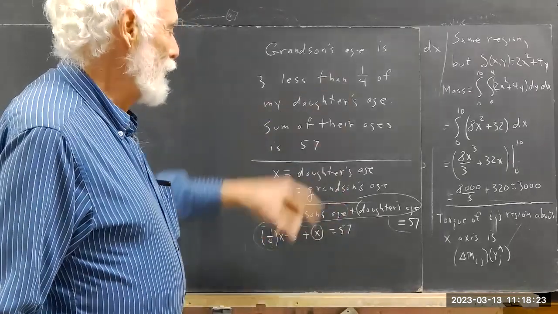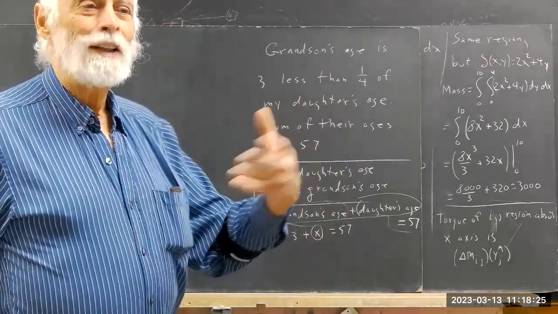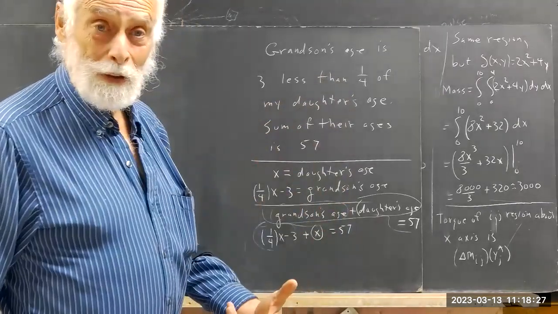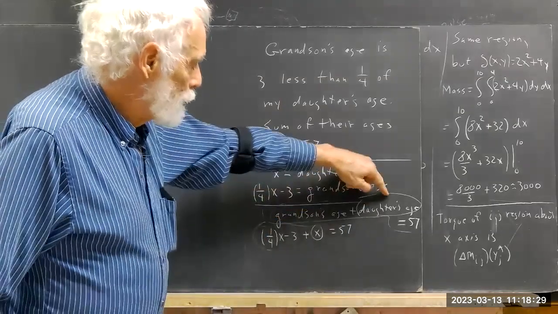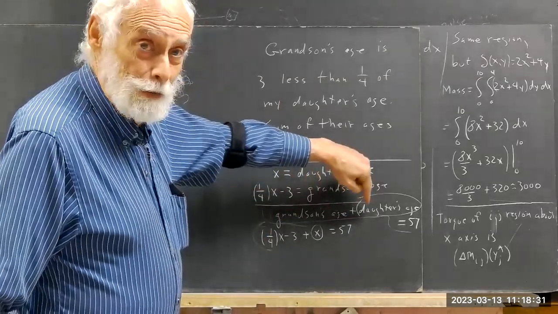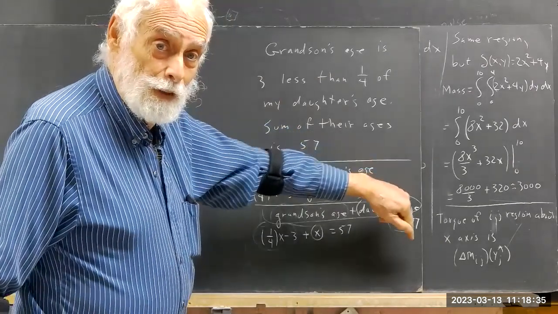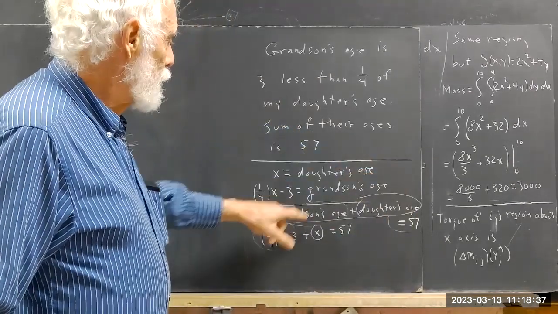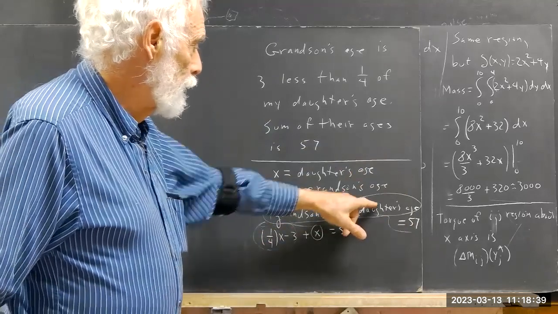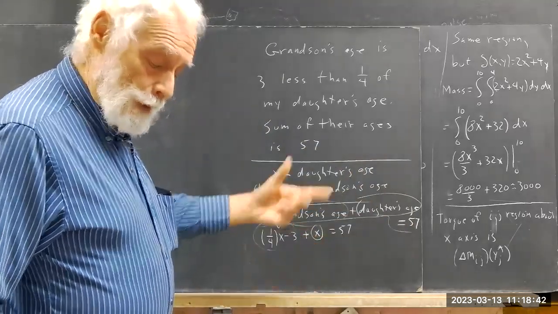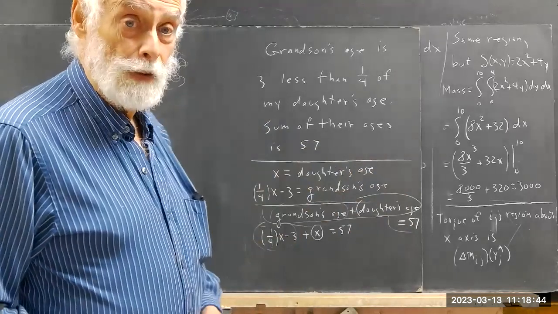Obviously everybody knows that my daughter's age is not 1/4 of my daughter's age, but you match it up with the words you have here. So we put down some words: grandson's age plus daughter's age equals 57. Then we're very careful to put grandson's age here, daughter's age here. And once we do that, it's easy to solve the equation.